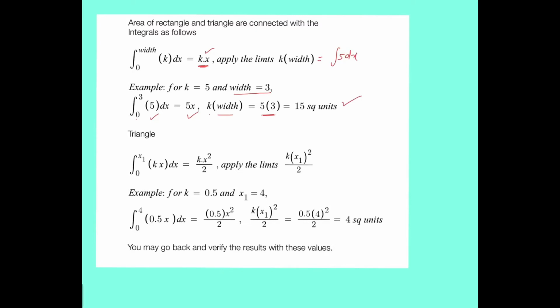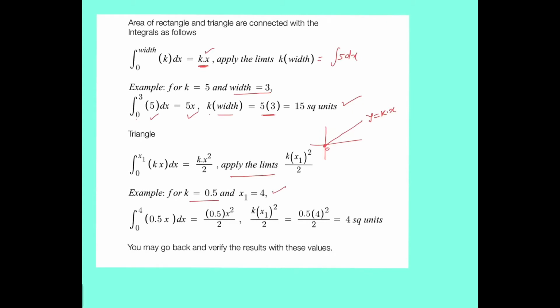Now in case of triangle, the line can be y equals kx, because it is the diagonal line. Of course it may be different if it doesn't pass through the origin, but in the first case I have taken it from the origin 0, 0, and then you integrate and apply the limits. That's how you get the result, k times x1 square over 2.